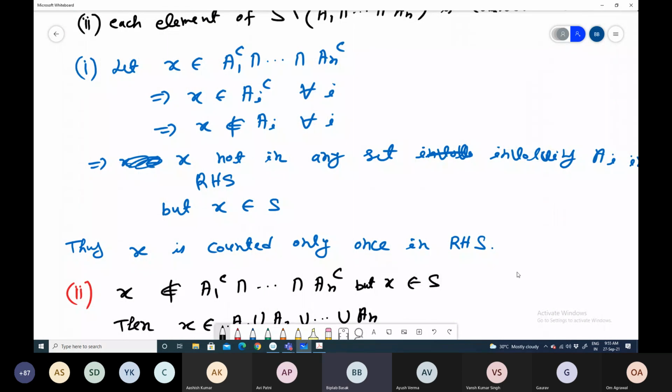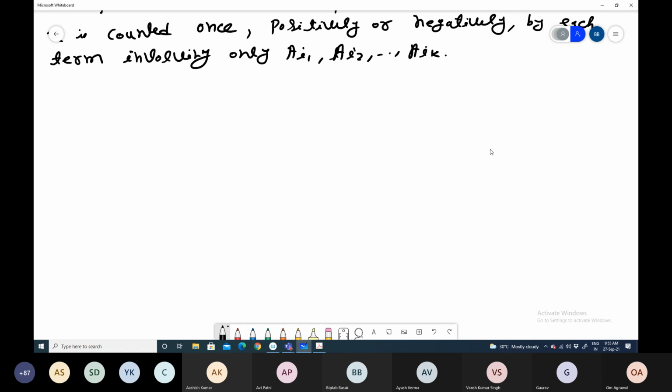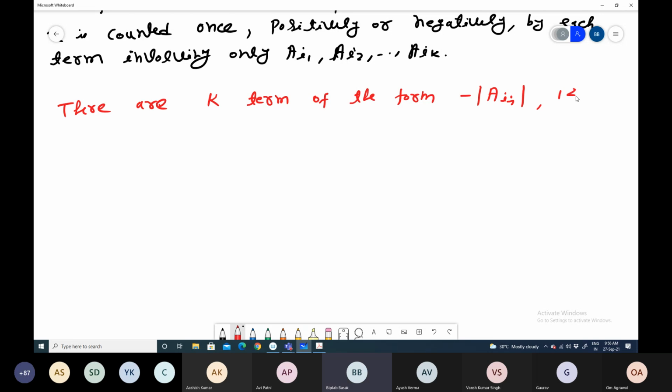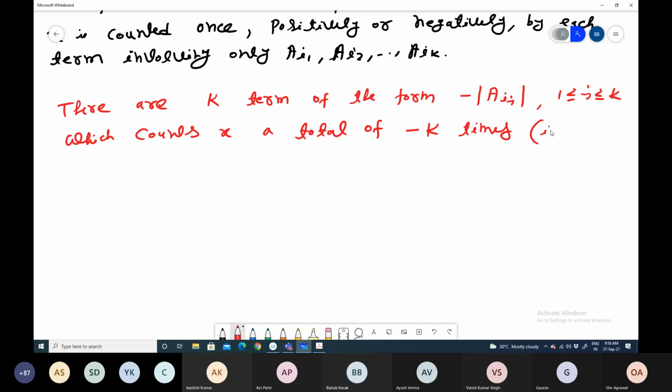Okay, so I will write again. Now you write that there are k terms of the form minus A_ij for 1 less than or equal to j less than or equal to k, and contains X, which counts X a total of minus k times, that is minus k choose 1 times.